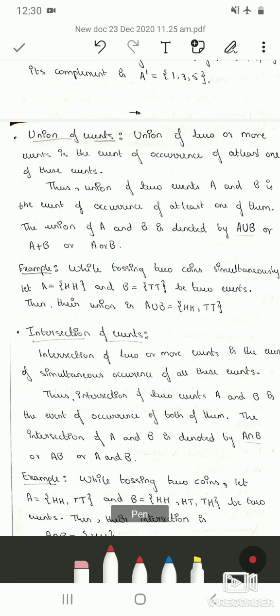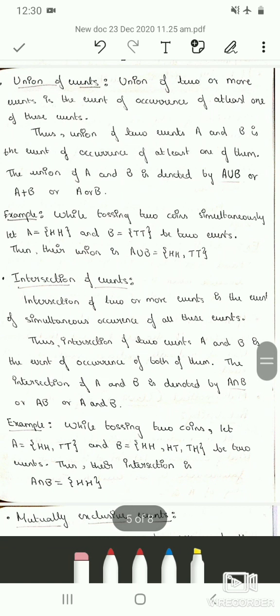So now let us see what is intersection of events. Intersection of two or more events is the event of simultaneous occurrence of all these events. Thus, intersection of two events A and B is the event of occurrence of both of them.